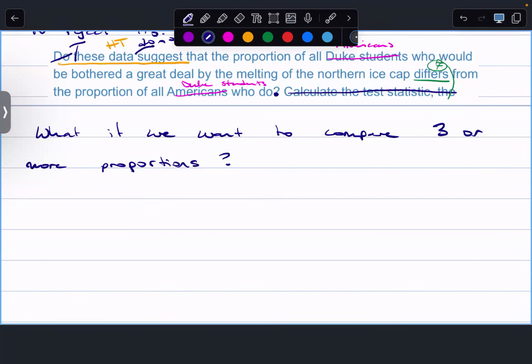So we went from 1 to 2, and then 3 or more, they're all the same. And so kind of fun, because this is the first time that we're going to see a new test statistic, which I have a hard time saying. Test statistic. And it's the chi-squared.